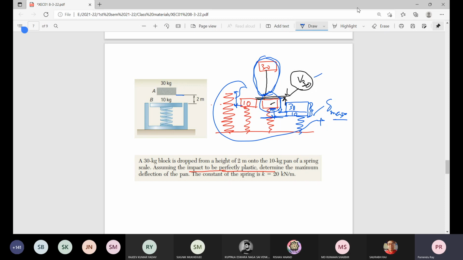So necessarily what we need to do is, it rebounds, moves back, and it transfers some energy, it gives some relative initial velocity, and that initial velocity of the 10 kg mass is to be brought back to 0 velocity at the maximum deformation of the spring, but without considering the possibility of this 30 kg mass, after it bounces back and reaches its maximum height, starting to fall down and again providing some impact. So that part is not considered. It will be another issue.